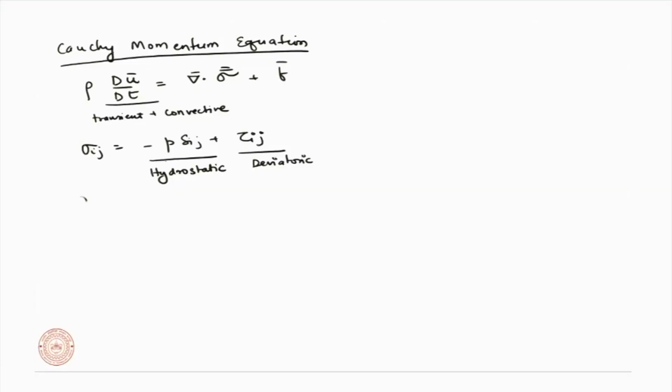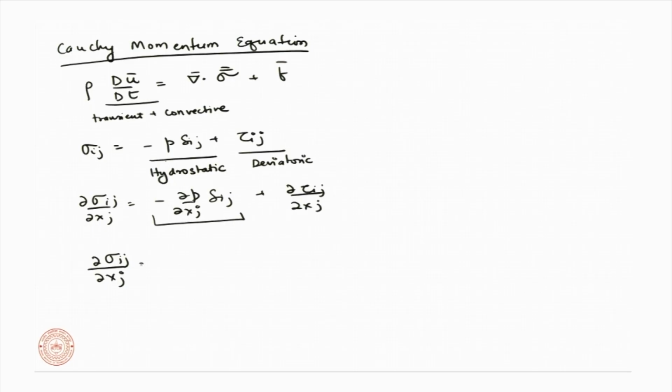So, del sigma ij by del xj therefore is equals to minus del p by del xj of del ij plus del tau ij by del xj, right. And this is where the pressure term comes. Since del ij, you can exchange i and j, that is a property. So, del sigma ij by del xj therefore equals to minus del p by del xi plus del tau ij by del xj.